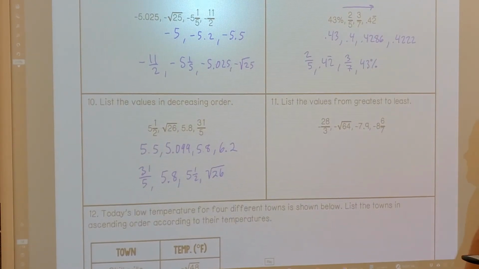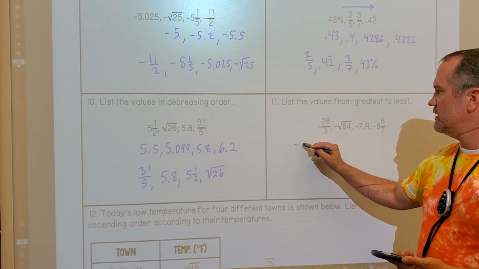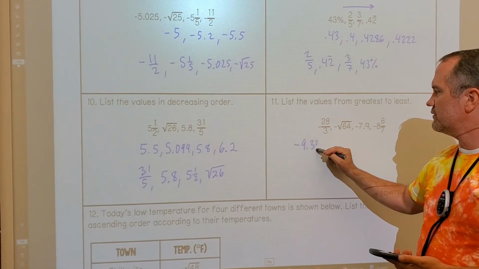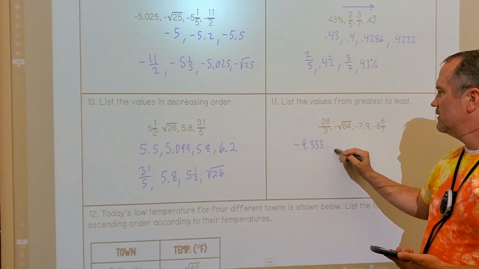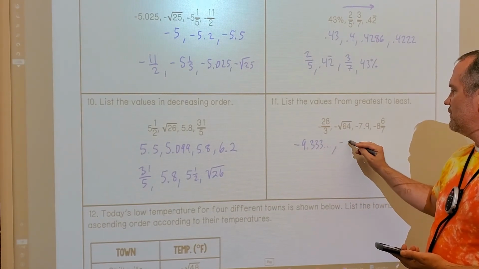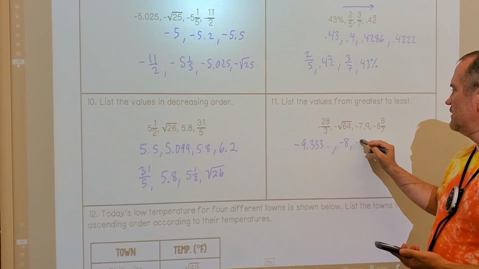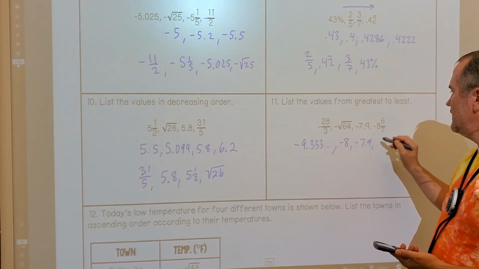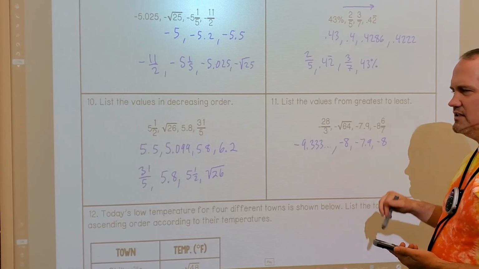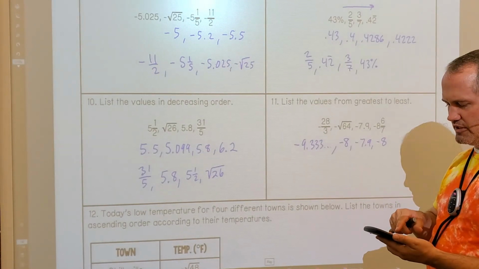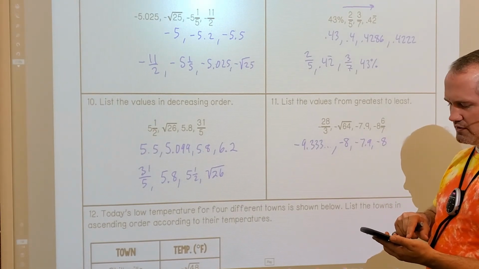And greatest to least, we're almost there. 28 divided by 3 is 9.333 repeating, negative. Negative square root of 64, which is 8. Negative 7.9. Negative 8. And then 6/7, I'm not at all sure what it is.